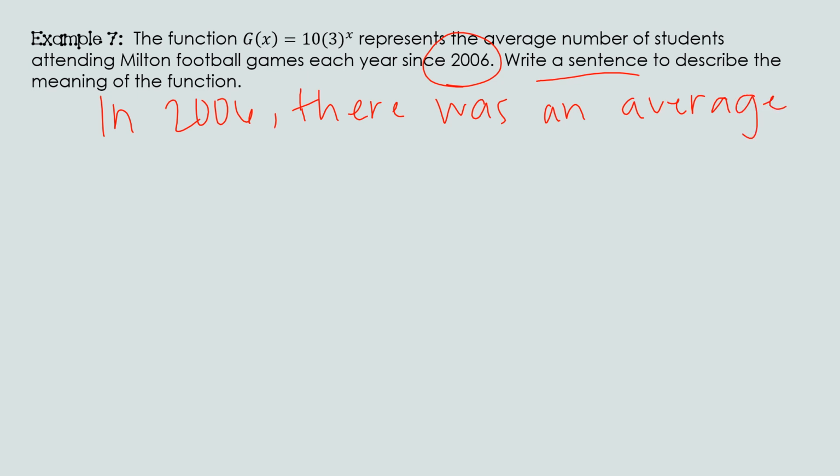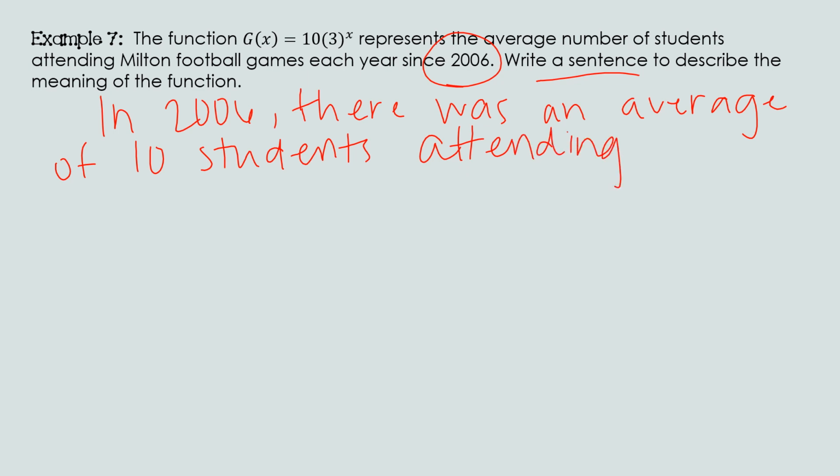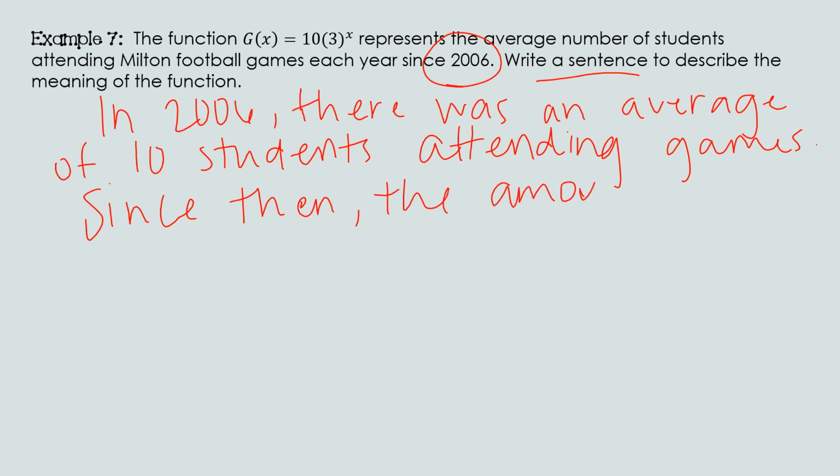So there was an average of 10 students attending football games. Okay, and then what does the 3 represent? The 3 is my multiplier or my base, so this is going to be growth. So since then, the amount has tripled each year.